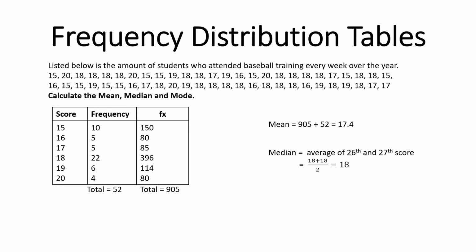So we can tell that the 26th and 27th score would be 18. So the average of those is 18 plus 18 divided by 2, which equals 18.